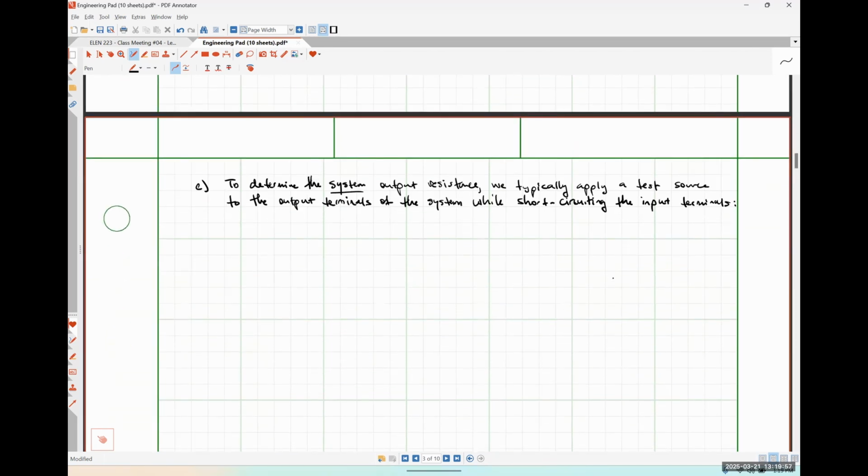So we're going to analyze this system a third time under these specific constraints.